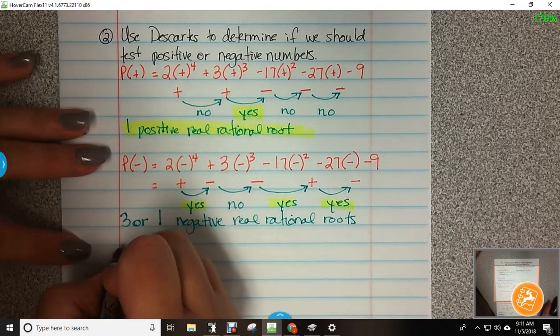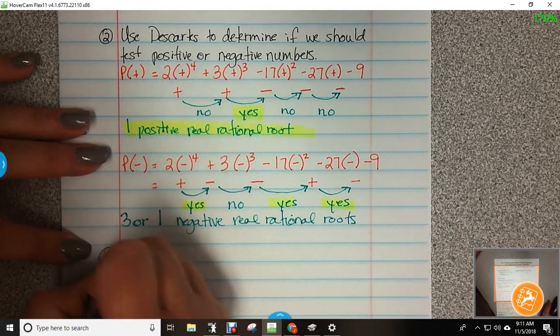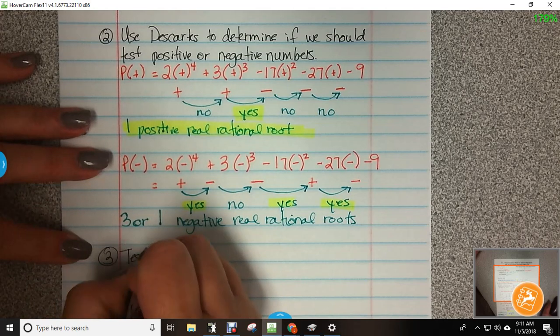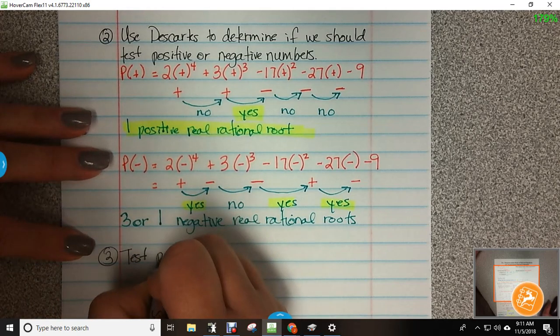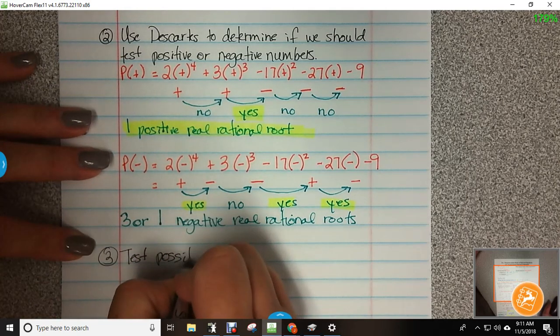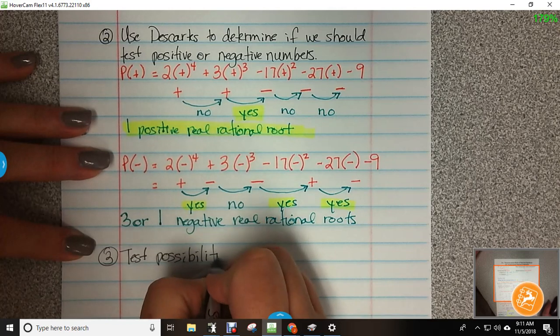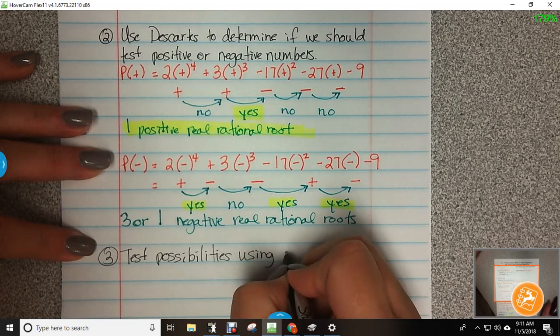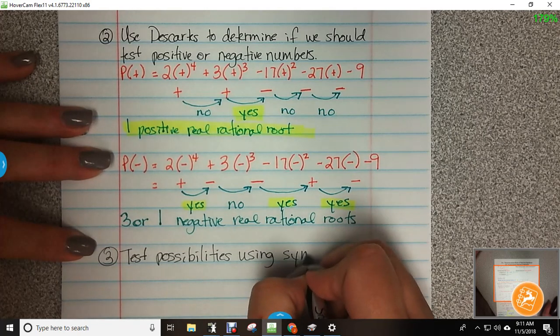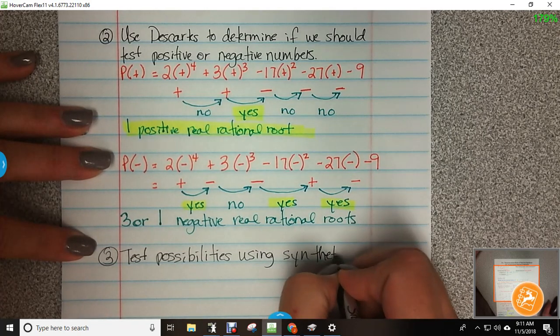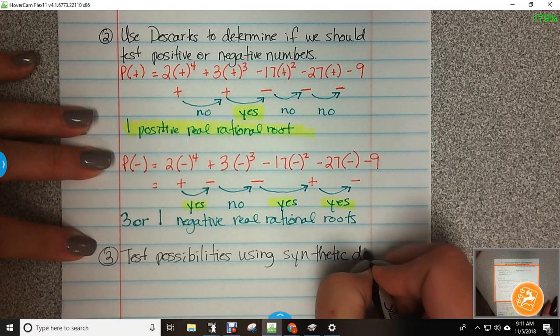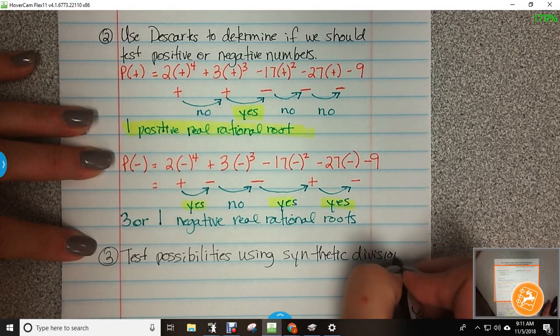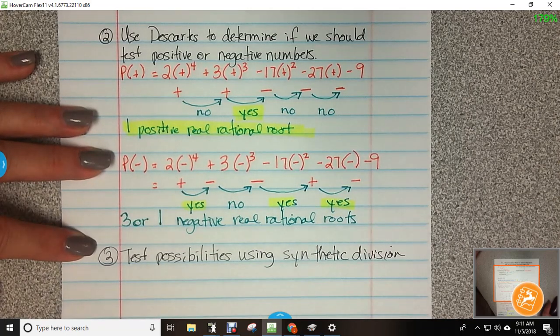So now, step 3, I need to test those possibilities using synthetic division. Okay.